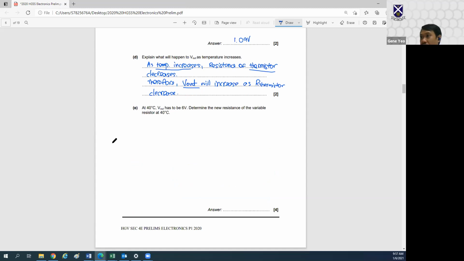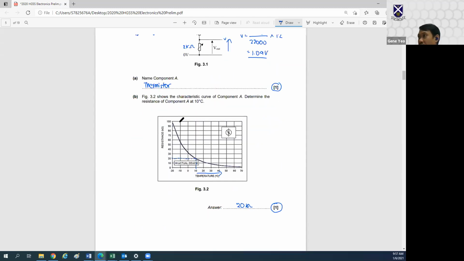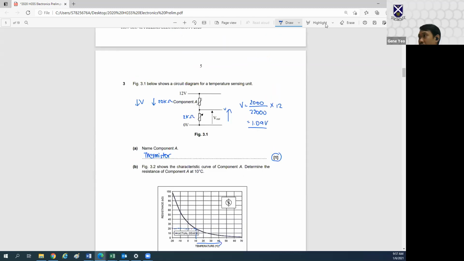So now at 40 degrees Celsius, V out is 6 volts. Okay, V out is 6 volts at 40 degrees Celsius. So over here right now, V out now is 6 volts. Now, this is 40 degrees.